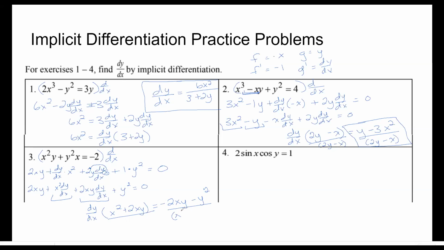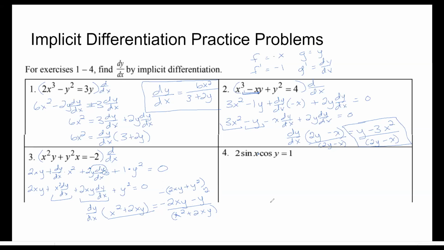So I'm left with negative 2xy subtract y squared all over x squared plus 2xy. Some people may also write this numerator as a negative 2xy plus y squared. That's totally fine as well. Either way works. And you do always want to check to see if anything cancels out, but generally that's not going to occur.